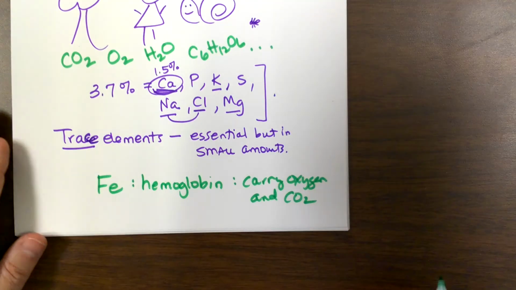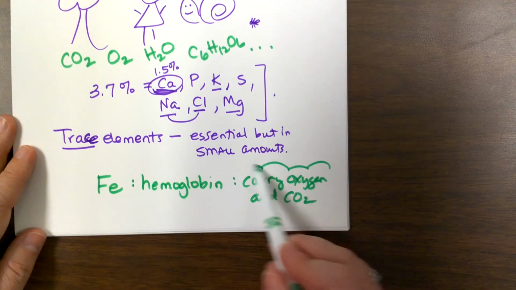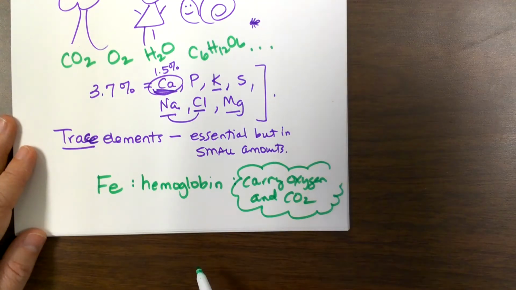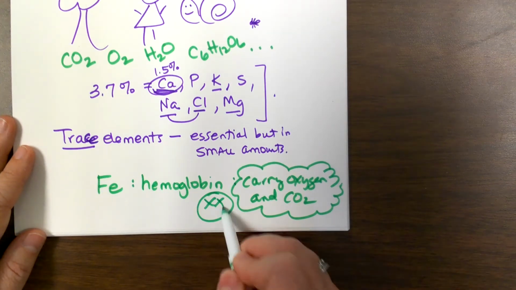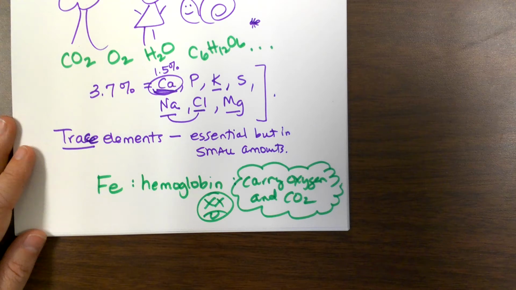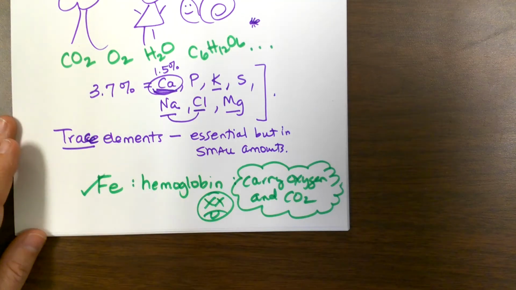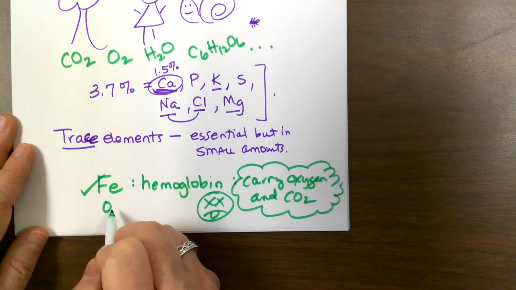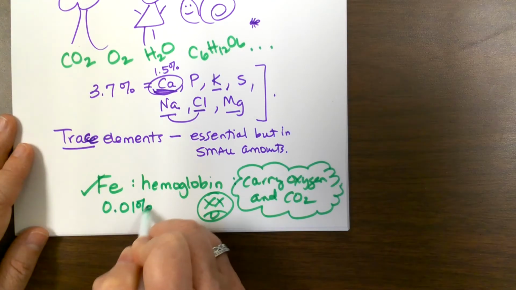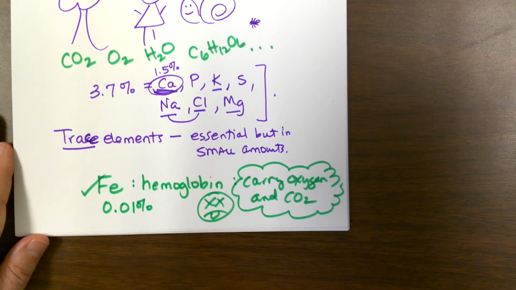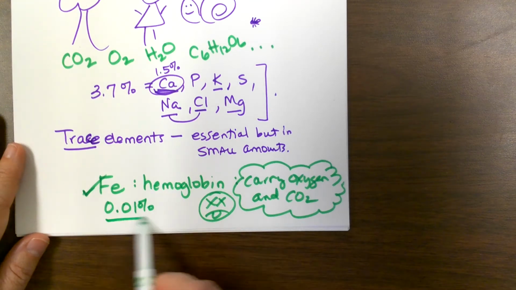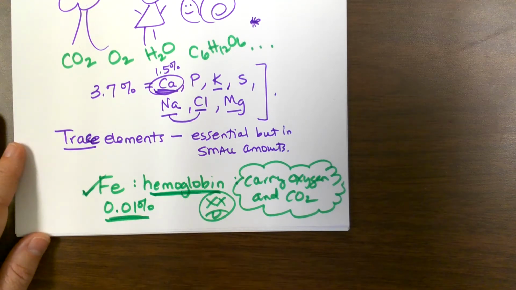So we should all know at this point that if you don't have oxygen in your body and it's not getting carried anywhere, it's not going to be good. You're going to die. Okay, so we need to have iron, but less than 0.01% of your body is iron. So even though it's tiny amounts, its job is huge.